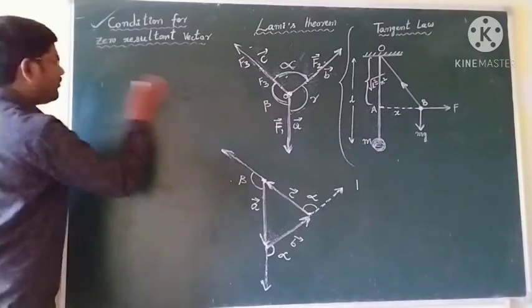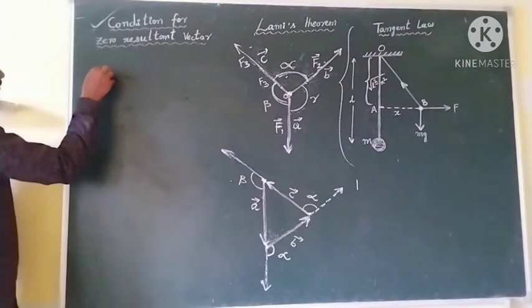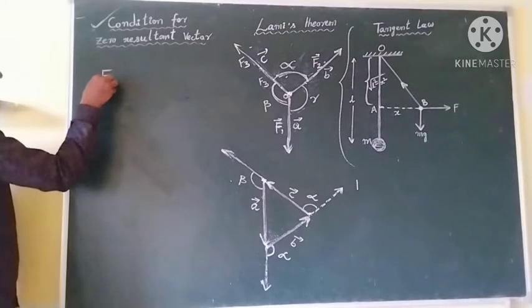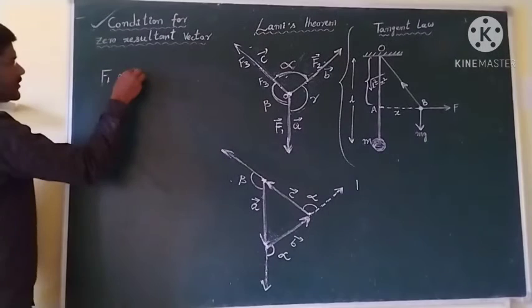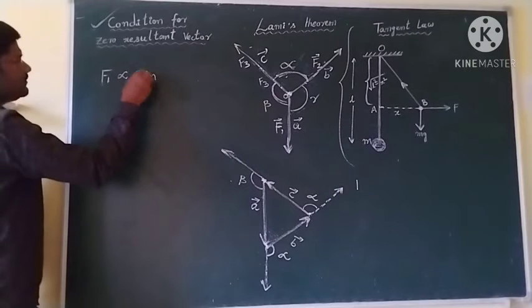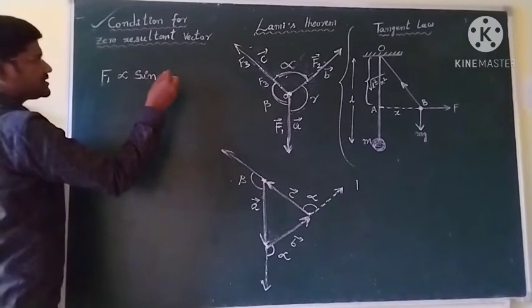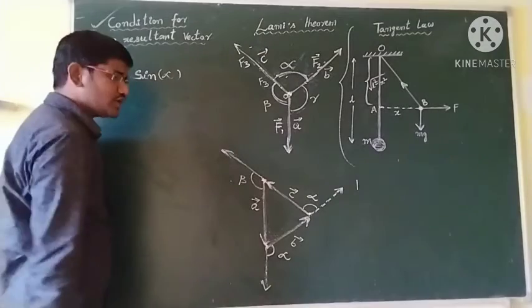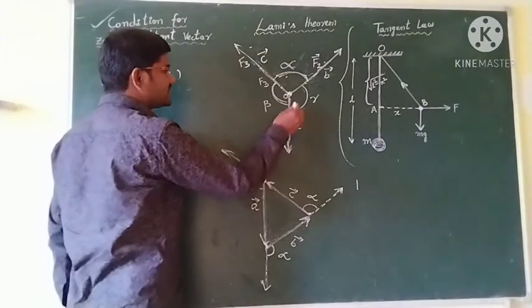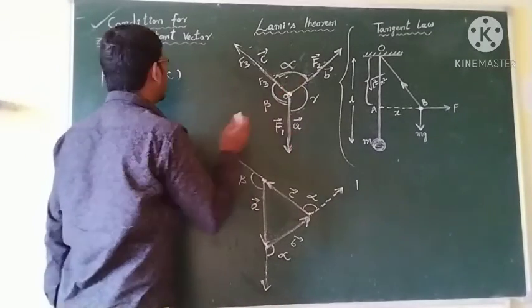That means F1 is directly proportional to the sine of the angle between the other two forces. F1 is directly proportional to sine alpha.